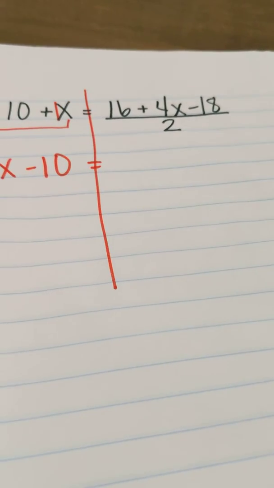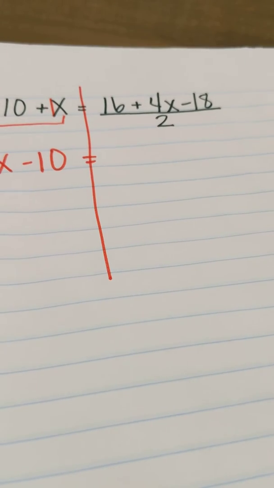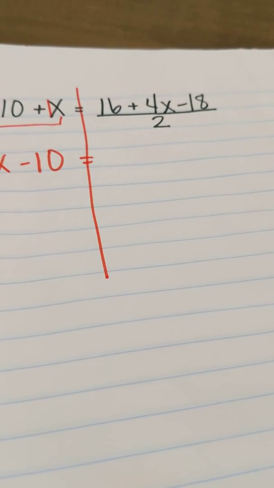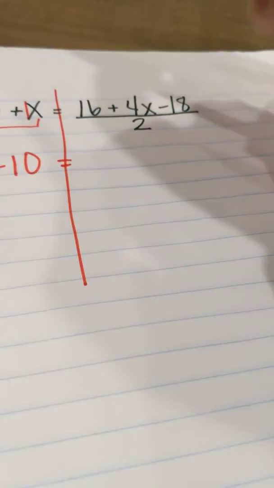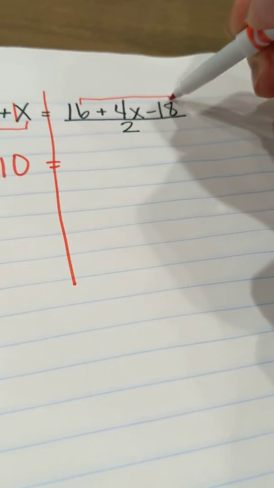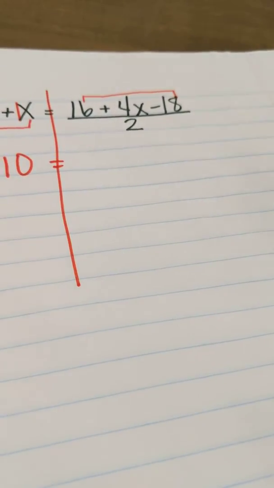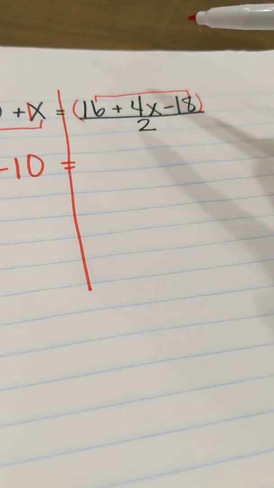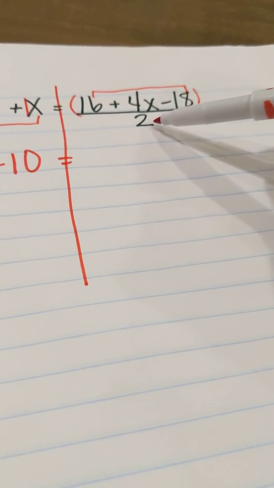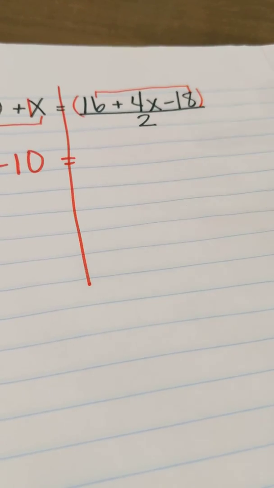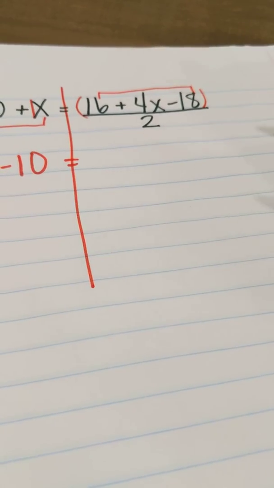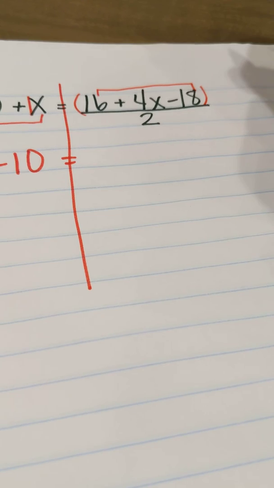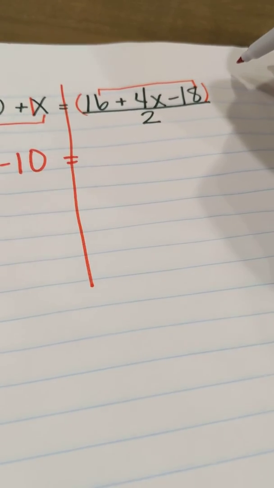Over here, you have some choices, I guess. Usually I would say get rid of the fraction first because we don't like it. But we also have two things that we can combine. Even though they're on top, they're still kind of within these fake parentheses that we can't see only because this warden is down here instead. So you can go ahead and combine those. That would be 16 and negative 18.